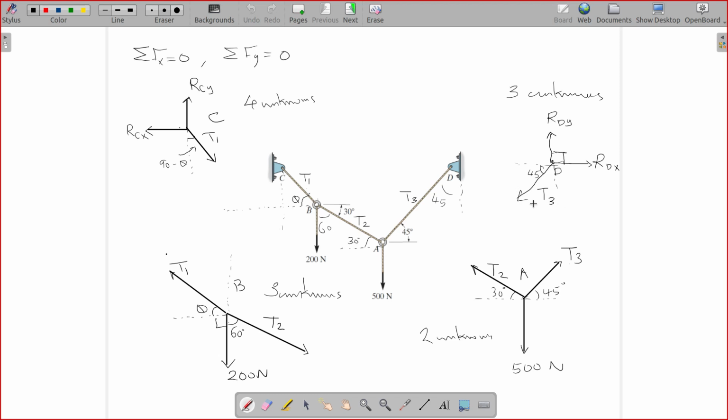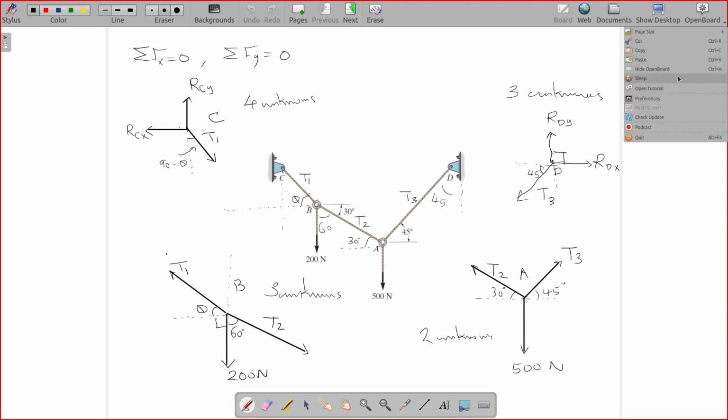Now that's very straightforward. This will be very easy because RDY and RDX are mutually perpendicular and they are acting in horizontal and vertical directions. Now here one interesting thing is that there are three unknowns, T1, T2 and theta, and theta is an angle, it's not a force.